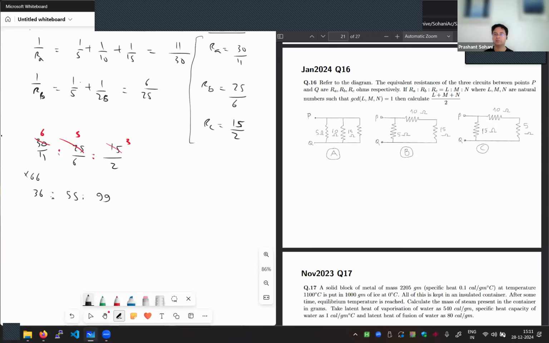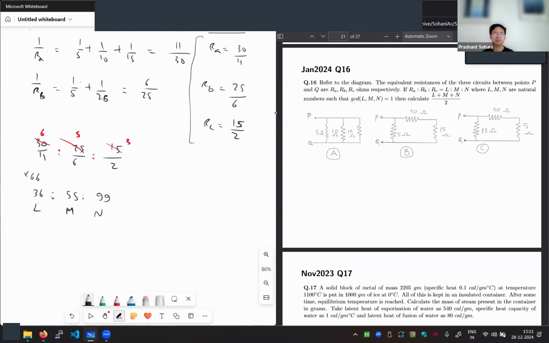99, right? And what they are given is L, M, N where they are natural numbers. So these are the values of L, M and N. And the GCD of L, M, N is 1. So you can check that now the GCD of all three of them is 1. Notice that pairwise GCD can still be non-trivial. Like L and N have a common factor of 3, but that 3 does not divide M, right?